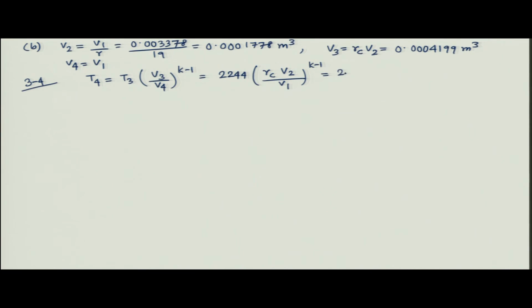We already know V3, which is 0.0004199 meter cube, and V4 is basically V1, which was 0.003378 meter cube.